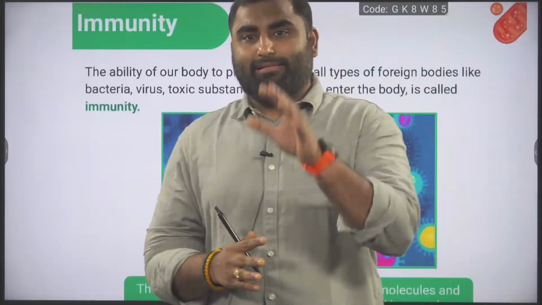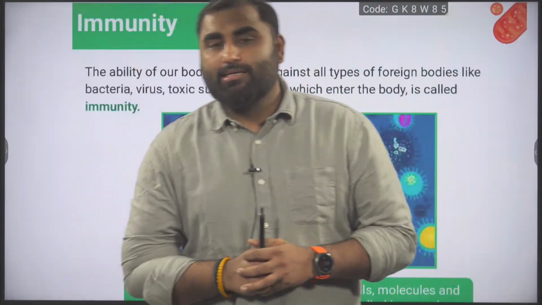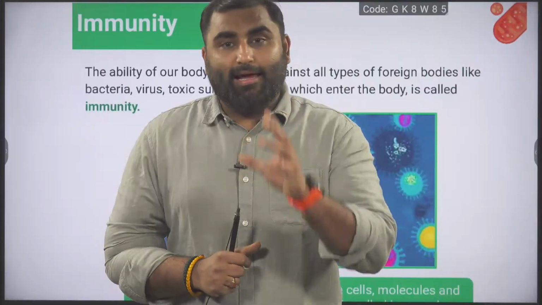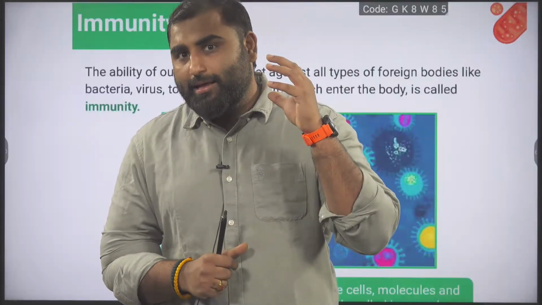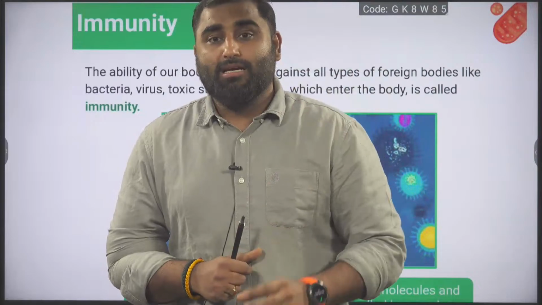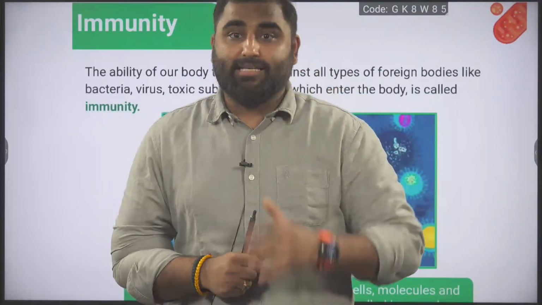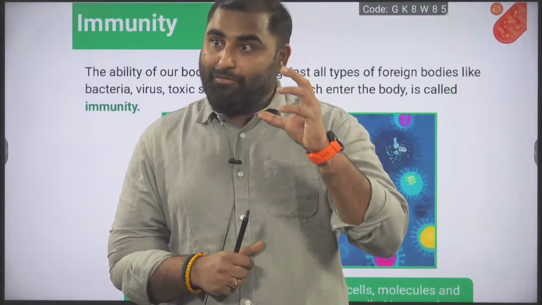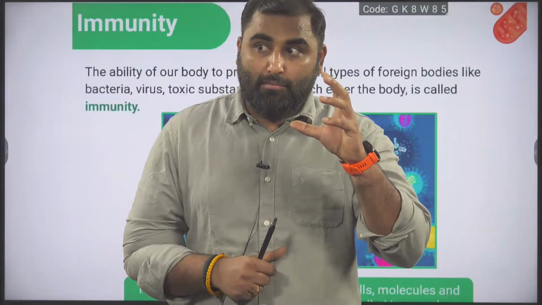So basically your immunity does three things. First of all, it recognizes any foreign body, any bacteria, any toxic substance or virus in order to kill it. First of all, it has to recognize it. We need to identify, is it really a foreign body?